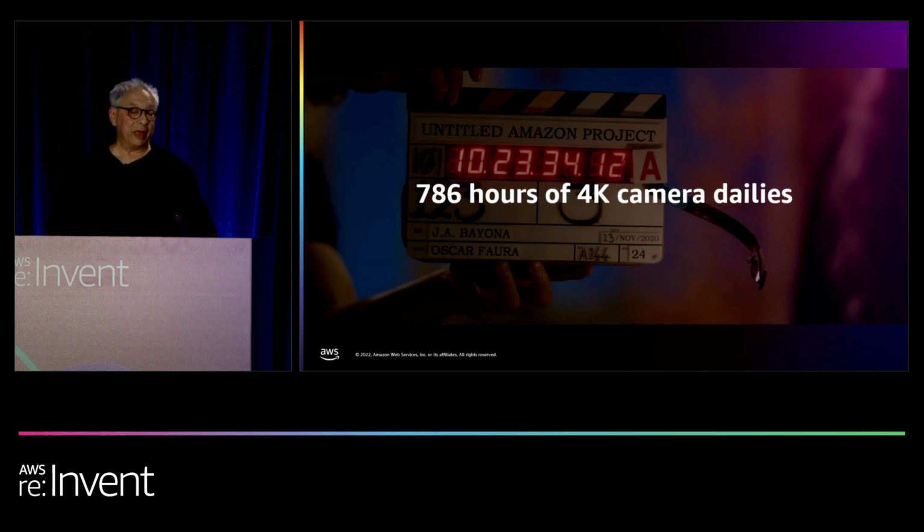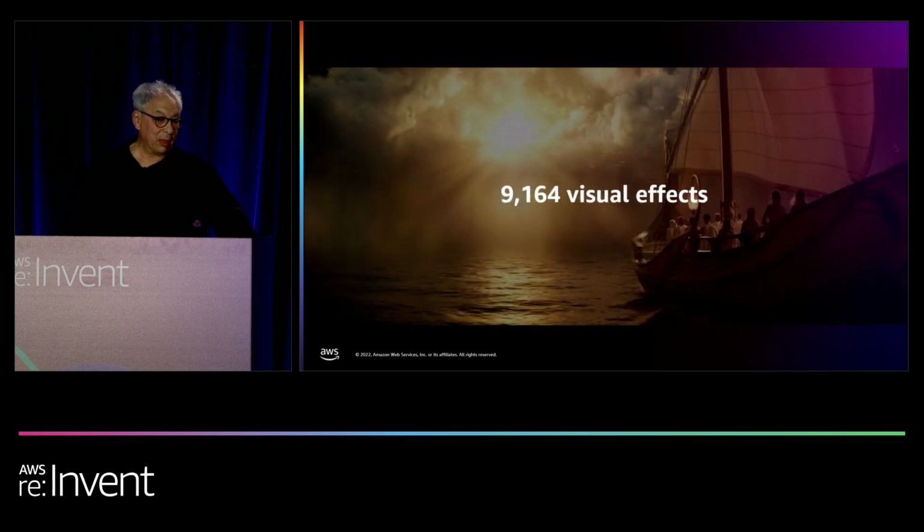So what we discovered by the end is that we had 786 hours of 4K camera dailies, all of it at 4K UHD. We had 9,164 visual effects across the 8 episodes. That is the equivalent of 4 feature films, the size of Avengers, Age of Ultron, or the first Avatar.